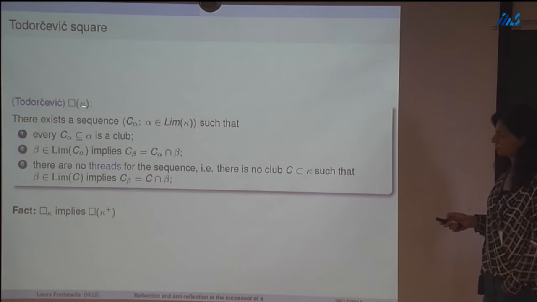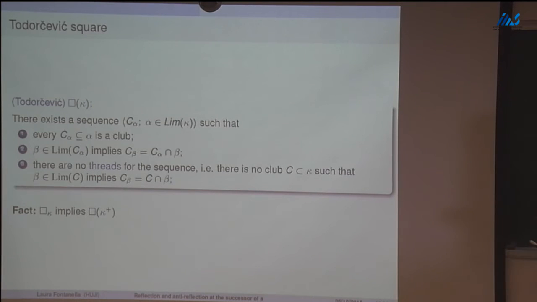This version of the square, denoted square parenthesis kappa, is due to Todorcevic. It is the following statement: there exists a sequence of length kappa, again a sequence of clubs. Each C alpha is a club in alpha, and the sequence coheres again.